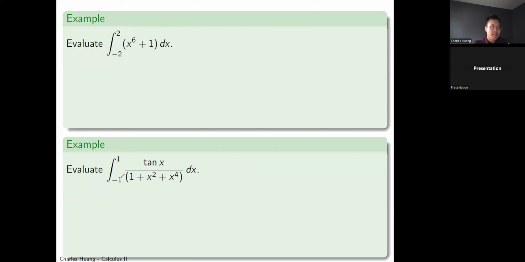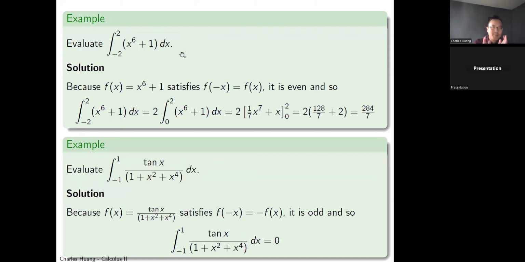If it's different, if it goes from 0 to something or 5 to 8, then you can't use any of the symmetry. For the first example here, x to the power of 6 is like a big parabola, a very sharp parabola. +1 means lifting it up, but it's still a parabola shape. It's an even function.